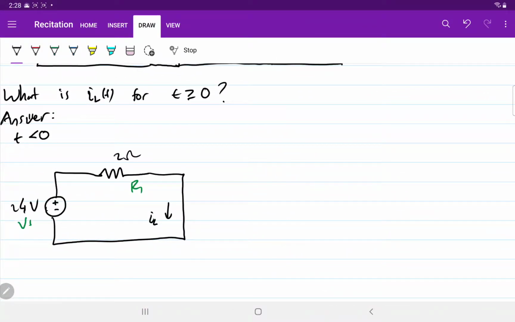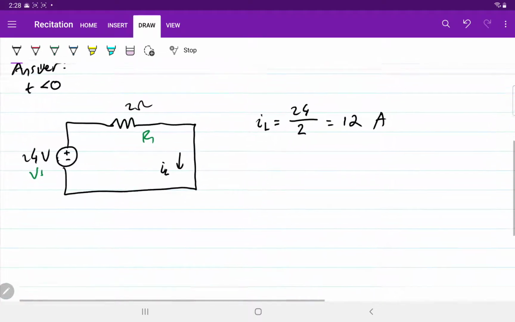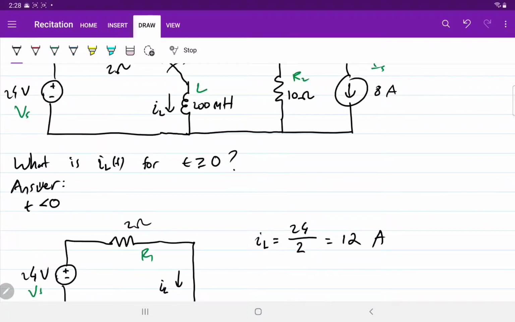This is what we have. So what is IL here? IL is simple. It's the voltage 24 divided by the resistor 2, which is 12 amps. Okay, so we can use this as the initial condition for the inductor.